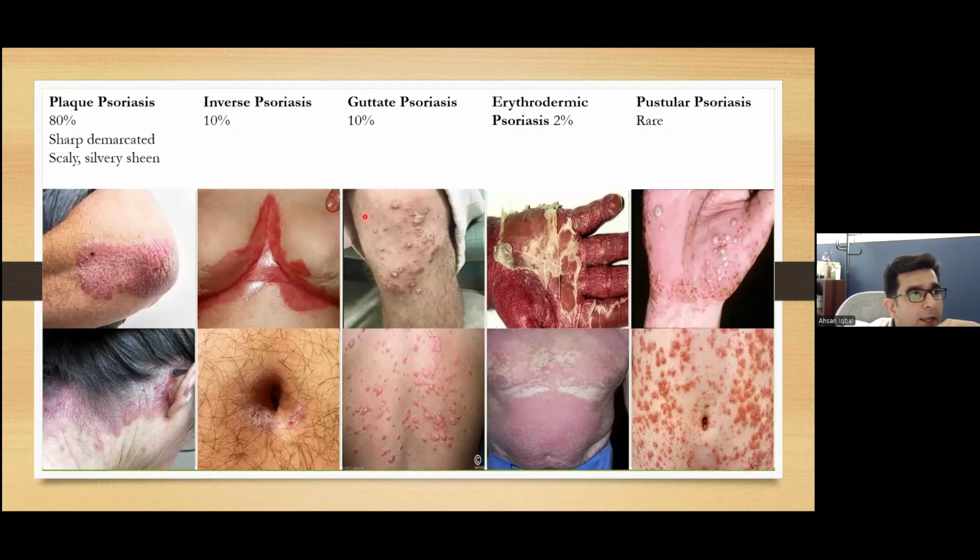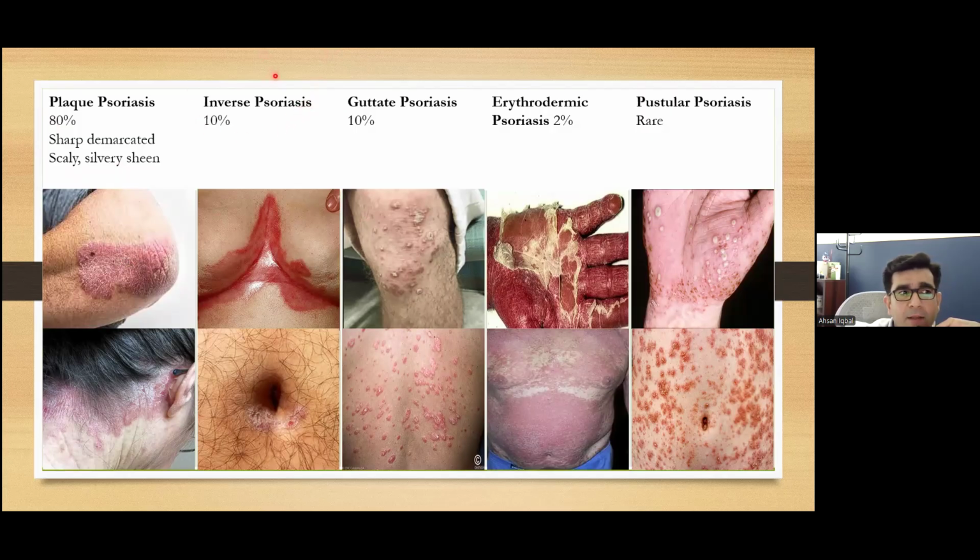Okay. So types of psoriasis, the most common type of psoriasis is plaque psoriasis, which is sharply demarcated, scaly, silvery lesions, oftentimes seen in the extensor surfaces, elbows, and knees.